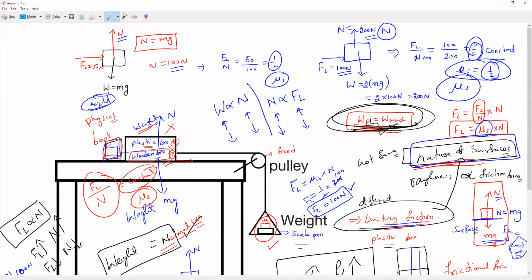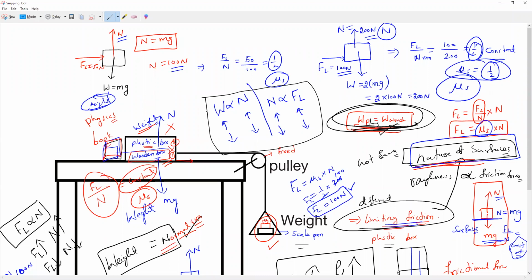So this is very important. Conclusion: weight is directly proportional to normal reaction. Weight always gives you the normal reaction. And normal reaction is directly proportional to the limiting friction.